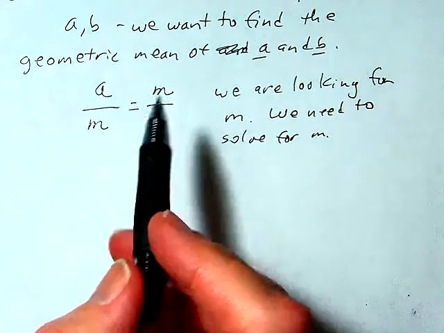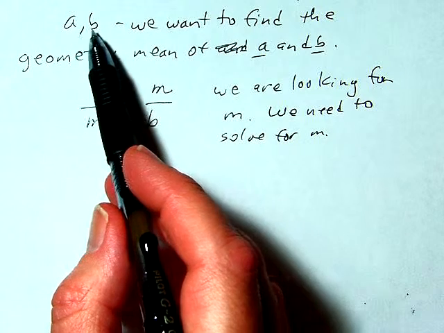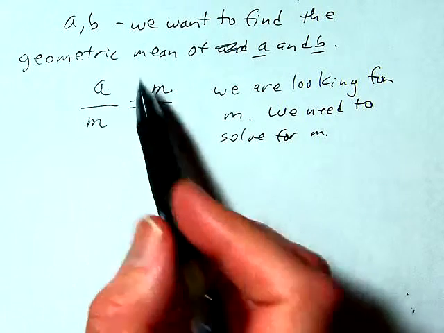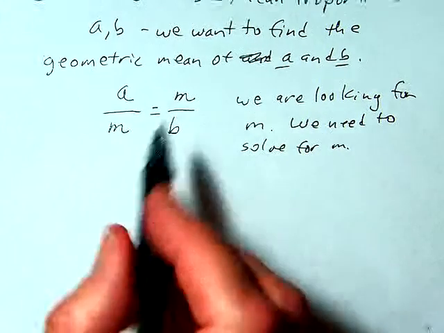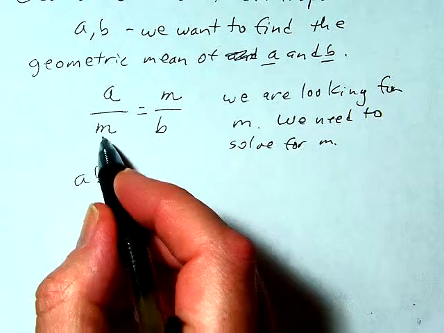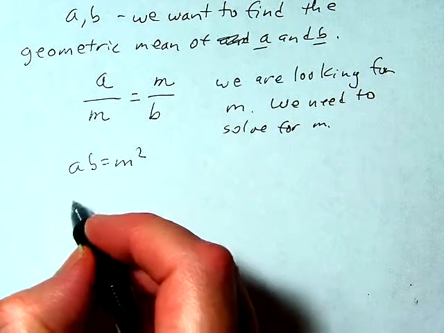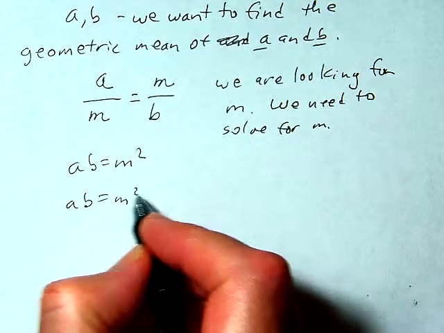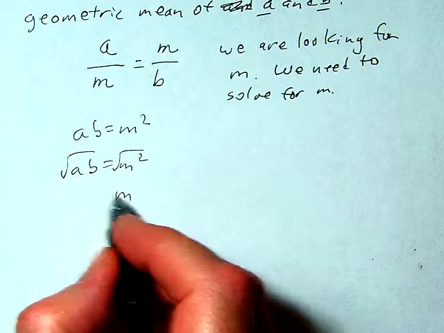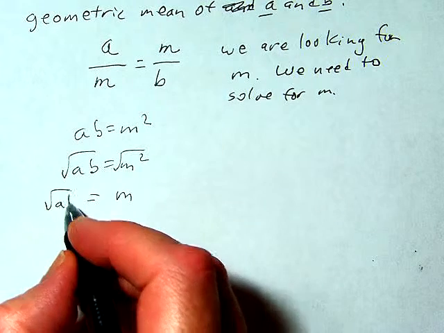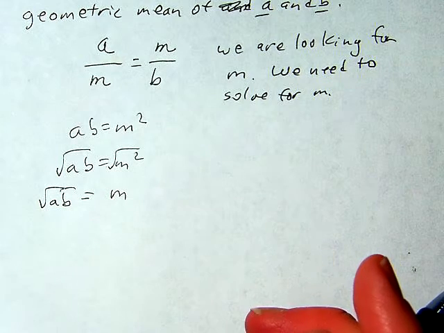So if we're given A and B, and we want to find the geometric mean of two numbers A and B, let's now solve for M. We can cross multiply, which means we get AB equals M squared. Okay, and if we take the square root of both sides, like so, we get M equals the square root of AB. Okay, so that is how you find the geometric mean of two numbers.